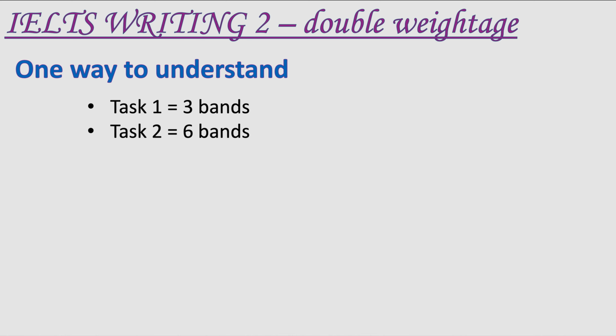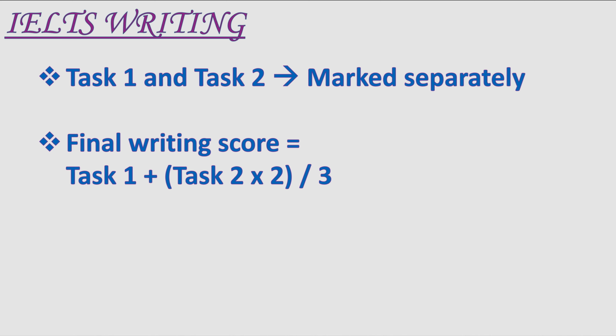Here's one way to understand that. Out of 9 bands, 3 bands are for task 1 and 6 bands are for task 2. So, task 2 affects your final score more. Task 1 and task 2 are marked separately by the examiner. You get a band score for each and then they are combined, but task 2 counts double when calculating the final score.